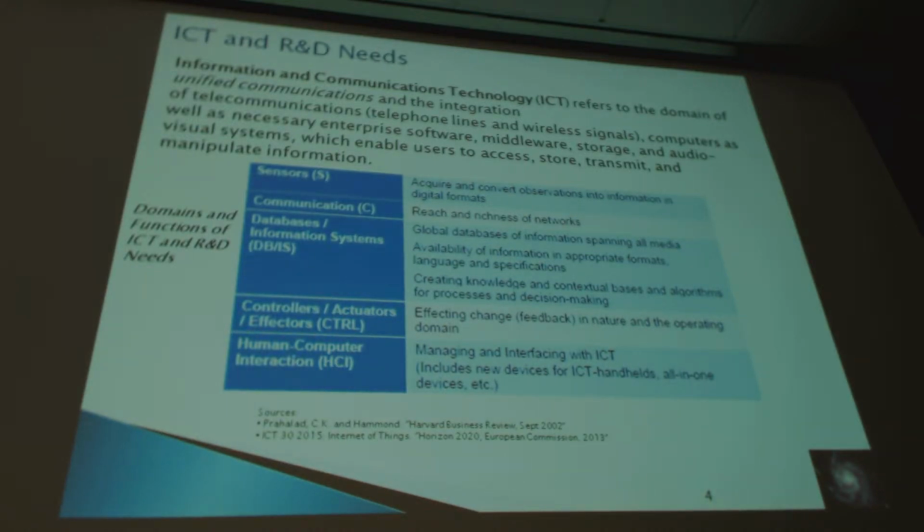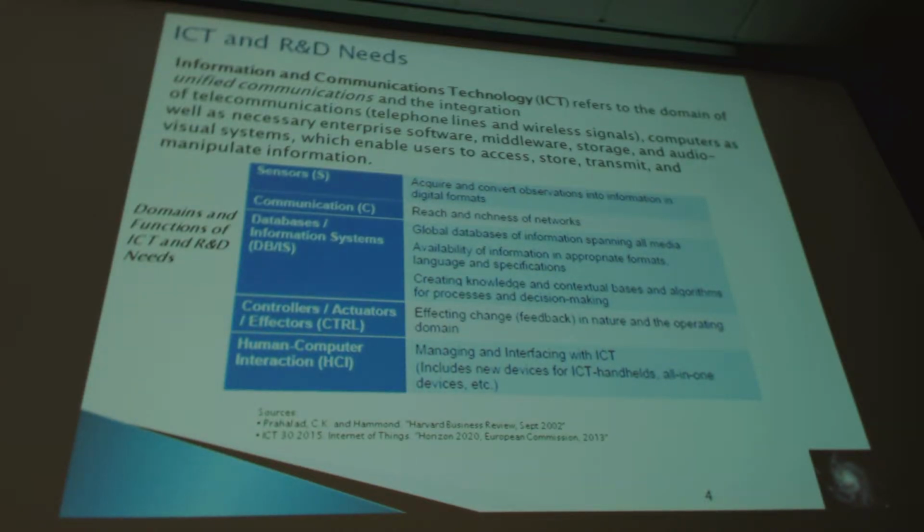The other domain is controllers, actuators, and effectors, abbreviated by CTRL. So here the focus is on designing robust control systems so that the effectors can perform their actions, like robotic components with the help of actuators like motors.